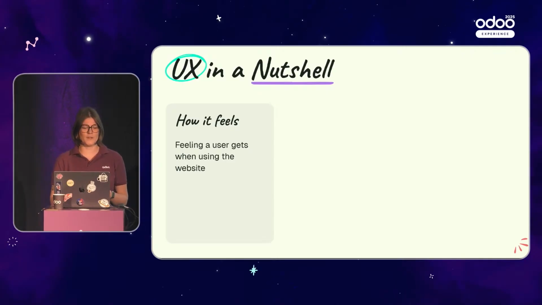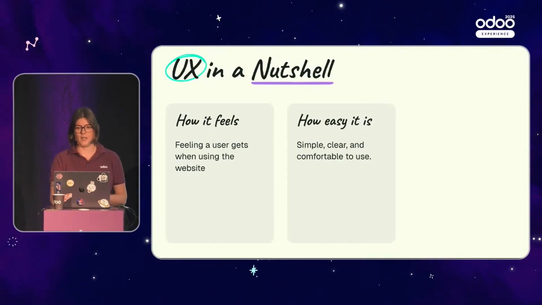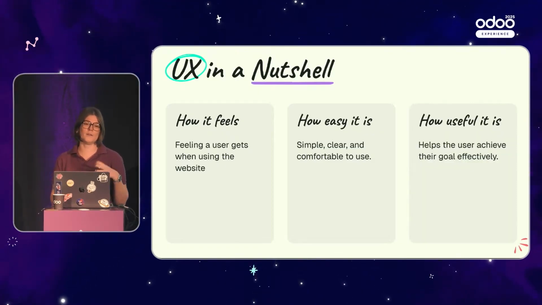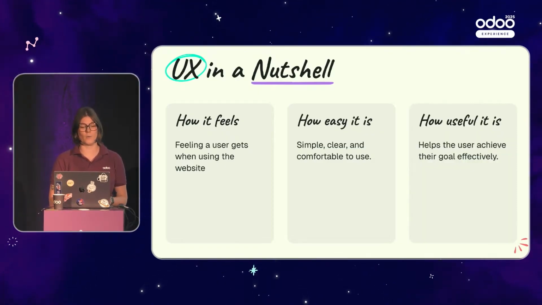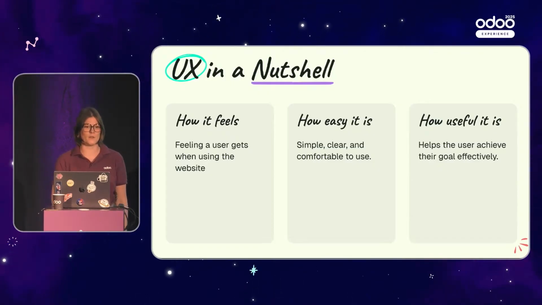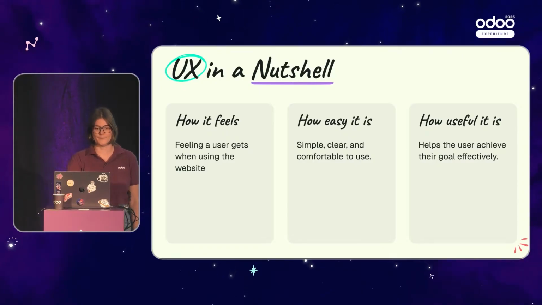So it's the feeling the user will get when they are using your website. Then it's how easy it is, if your website is simple, clear, and comfortable to use. And finally, it is how useful it is, how the user will find all the information they are looking for in your website. So add to cart, find the contact information, how to contact your company, and all of that.